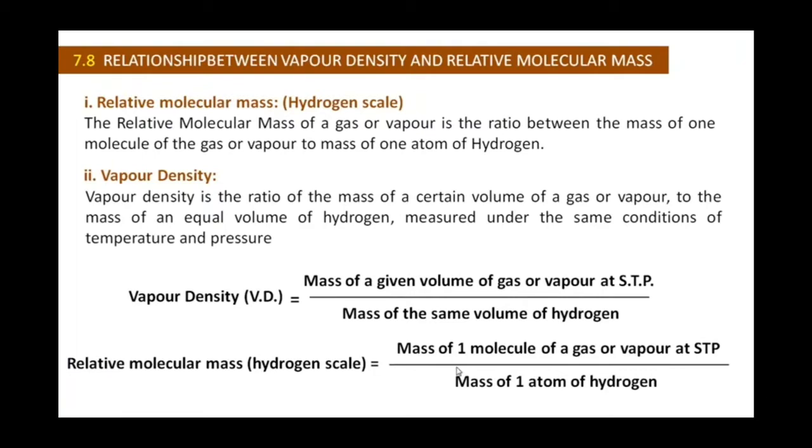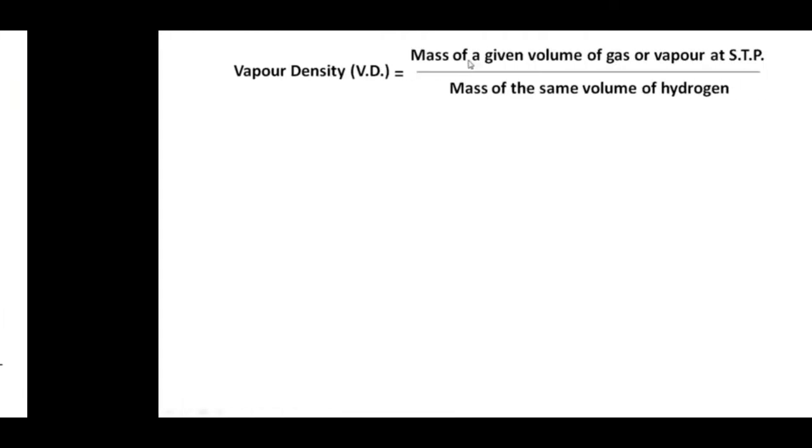And the formula for the relative molecular mass is mass of one molecule of a gas or vapor at STP divided by mass of one atom of hydrogen. Students, you should learn both the formulas thoroughly. That is relative molecular mass and vapor density.